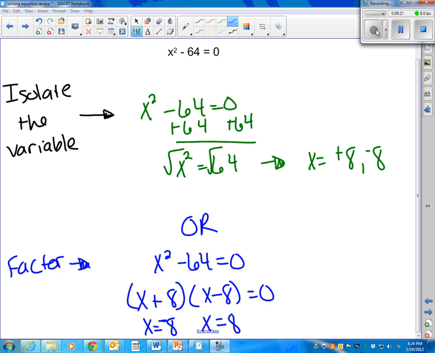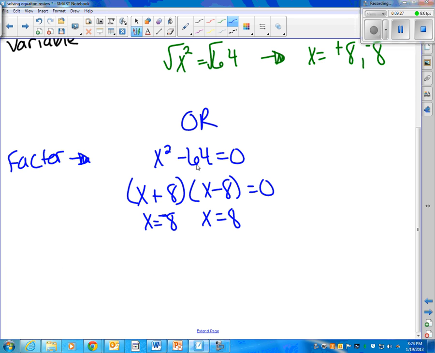Or, once again, you can go back to factor. x squared minus 64, this is the difference of squares. You factored it into x plus 8, x minus 8, set each equal to 0, and you get the exact same answer. You could also have done quadratic formula.